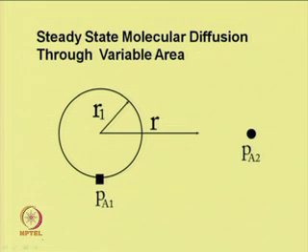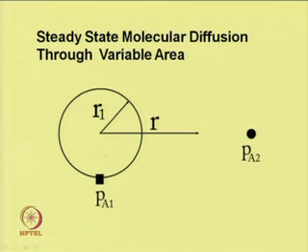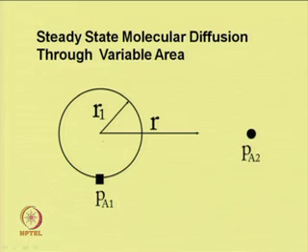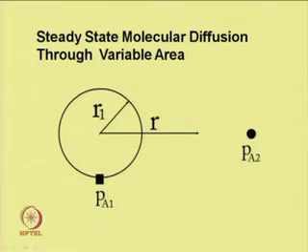The evaporation of a drop of liquid occurs and the area continuously gets changed, or if we have a naphthalene ball and the diameter of the ball is reduced, and certainly the area and flux get changed. So, we will consider this where at point 1 the partial pressure is P A 1, at point 2 partial pressure of component A is P A 2 and the radius is changing.